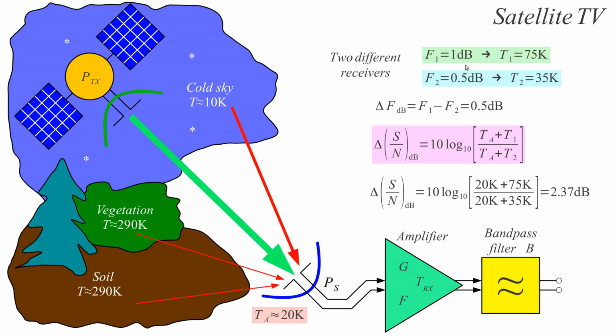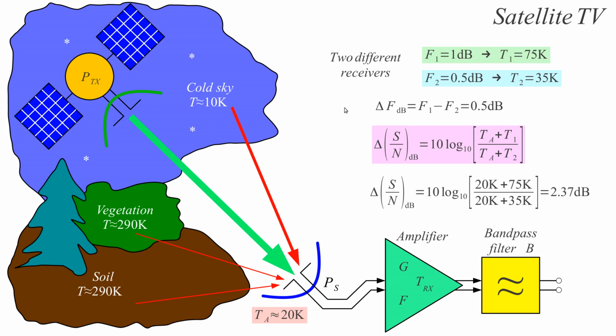And we want to replace our old receiver that had a noise figure of 1 dB. Satellite TV receivers always have the noise figure printed on the package, and the new receiver has half a dB of noise figure. So the change of the noise figure was just half a dB. Does it make sense to replace the receiver for just half a dB of improvement? Probably not.